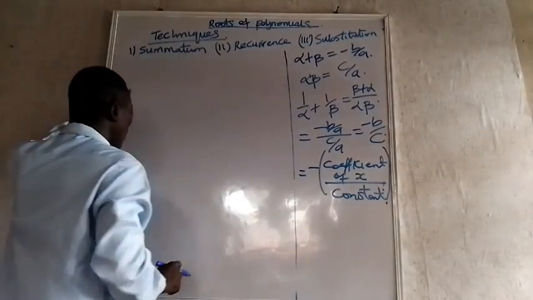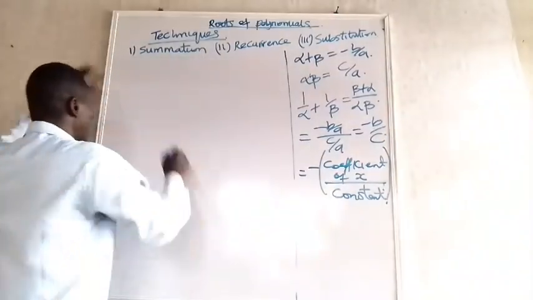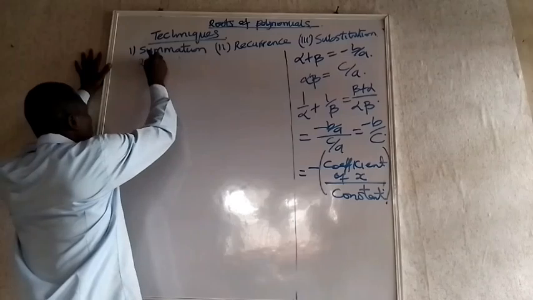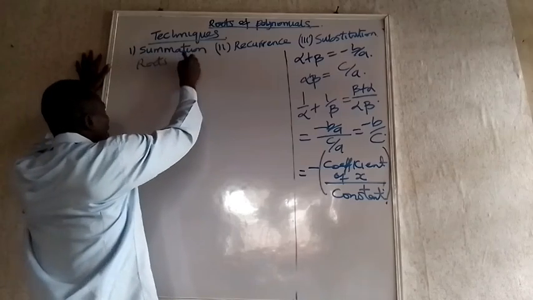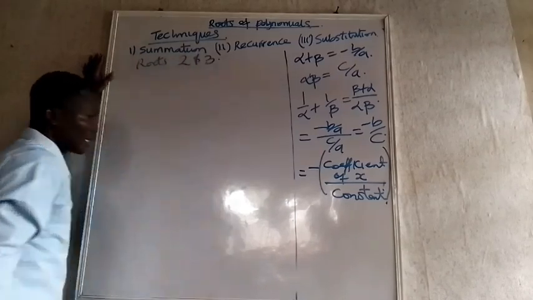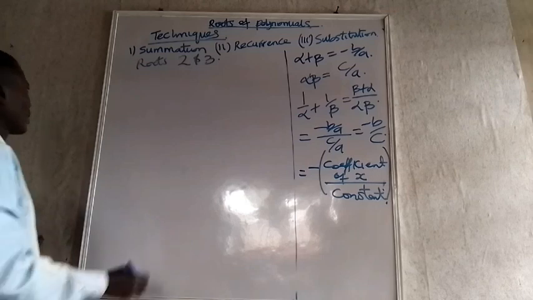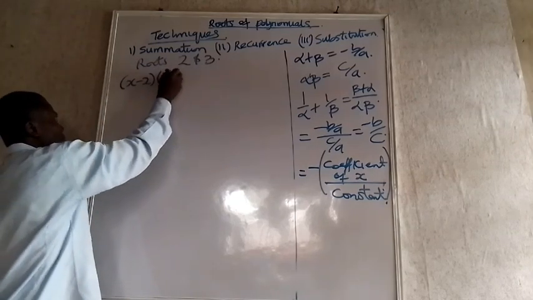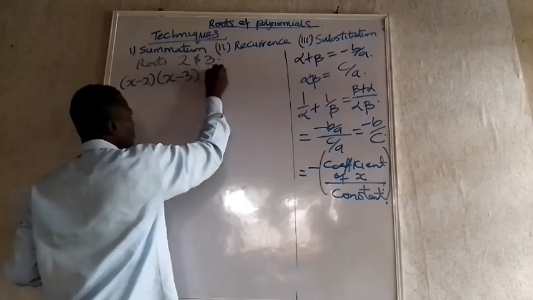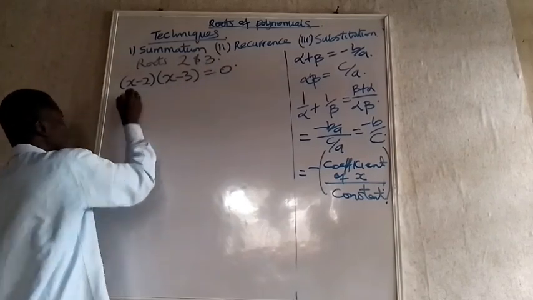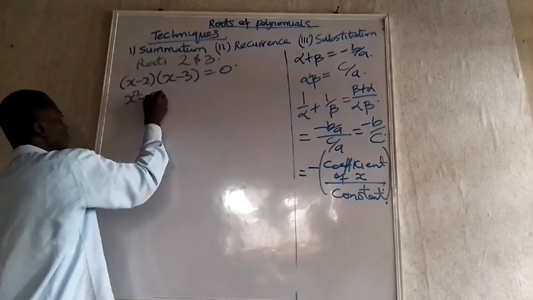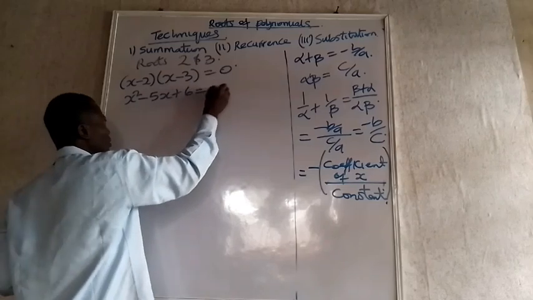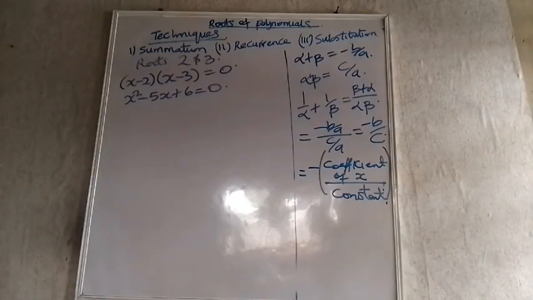Let's work on a quadratic equation with roots 2 and 3. We know the quadratic equation is going to be (x minus 2)(x minus 3), and it will give us x squared minus 5x plus 6 equals 0.